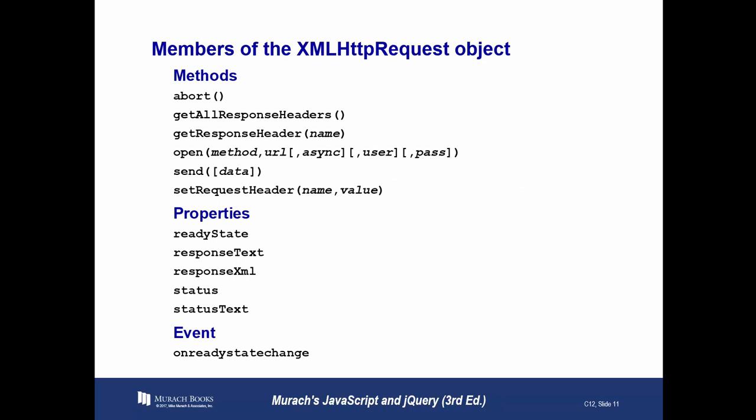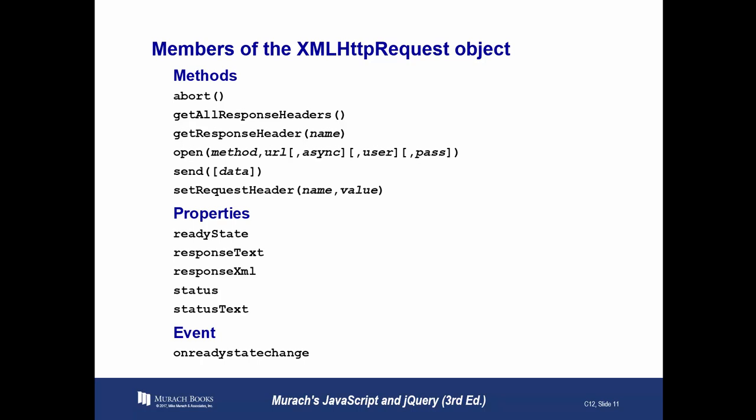Now, there's a table here on page 341, and it's also shown on the page here, that represents the members and the methods and the properties of the XML HTTP request object. Again, this object is behind every Ajax request, no matter whether you're using HTML, XML, or JSON. All right?